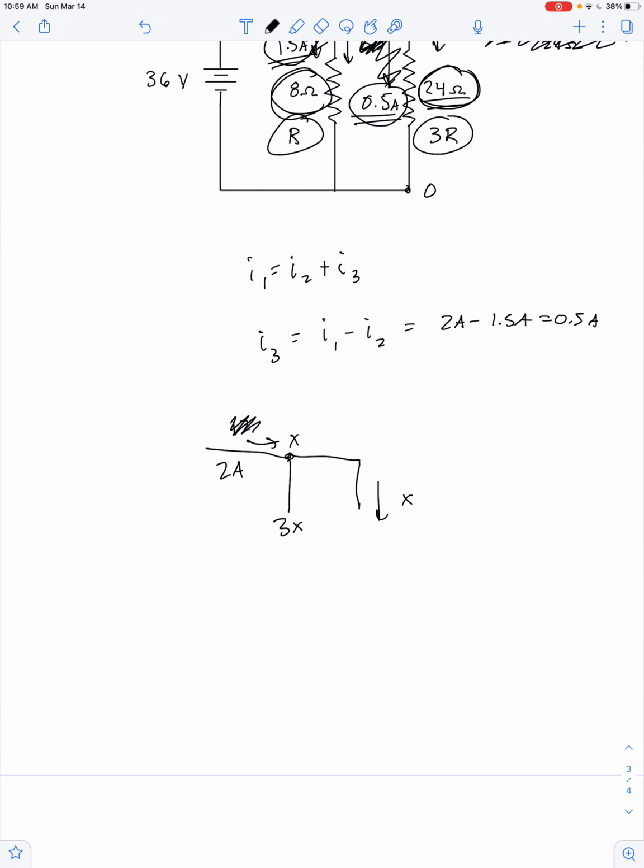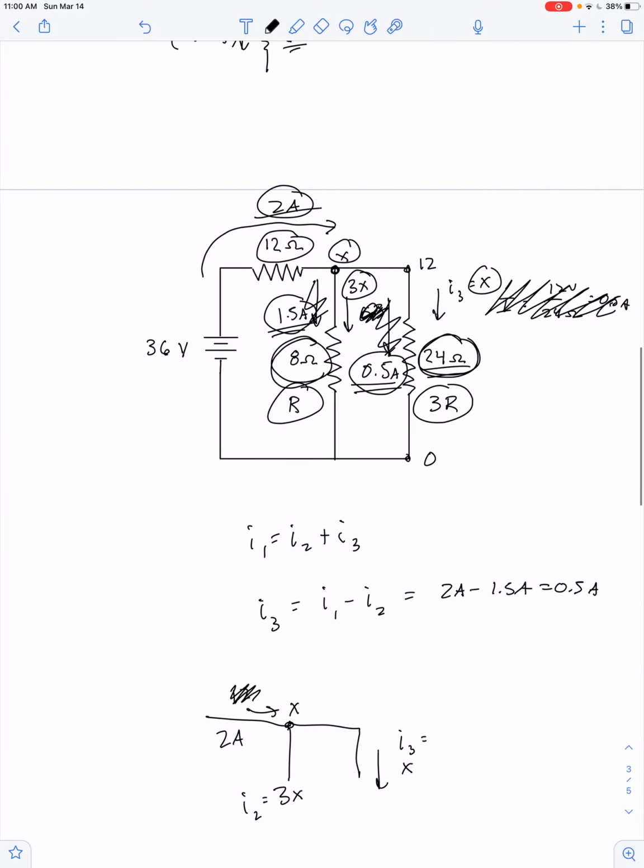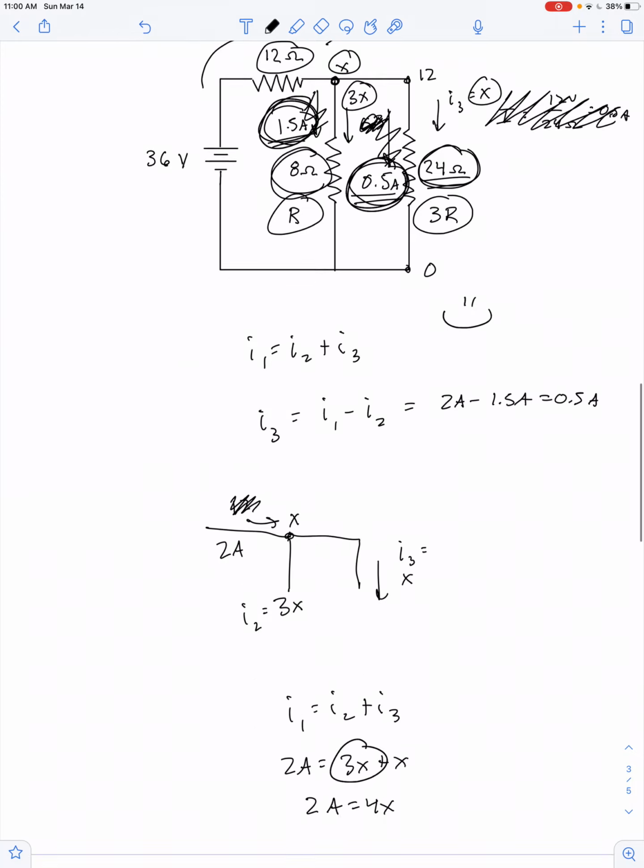Oh, and by the way, this is I2, this is I3, so I1 has to equal I2 plus I3, so 2 amps has to equal 3X plus X, or 2 amps has to equal 4X, so X is equal to 0.5 amps, which means then 3X would equal 1.5 amps, which is exactly what we got. 1.5 amps and 0.5 amps. Hey, how about that?